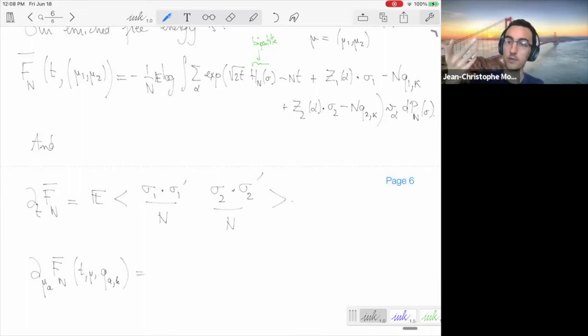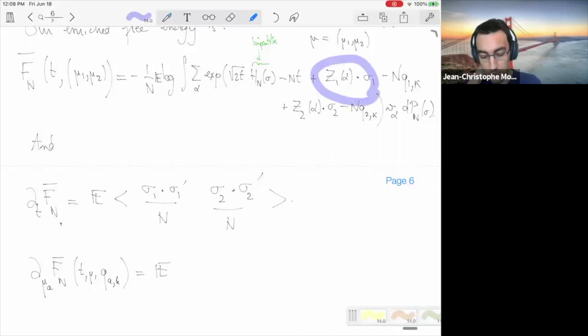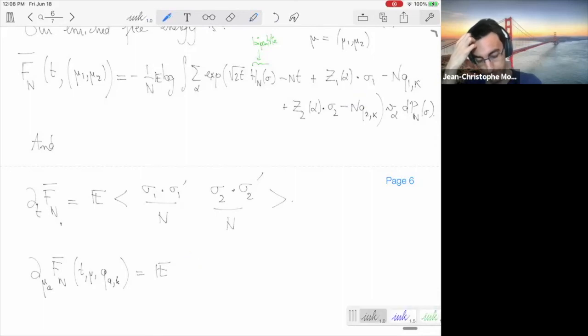We will find again this conditional expectation of the sigma overlap given the alpha overlap, except that since in the definition of the exponential Z1 is only acting on sigma 1, the sigma overlap that we will see is the sigma 1 overlap. Okay, so we will see sigma 1 dot sigma 1 prime divided by n, conditionally on alpha wedge alpha prime equals k.